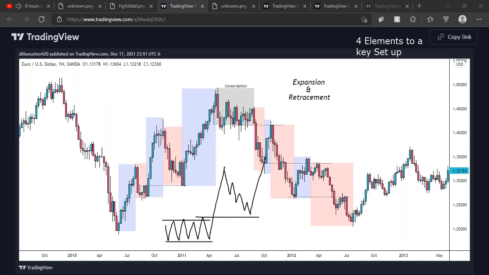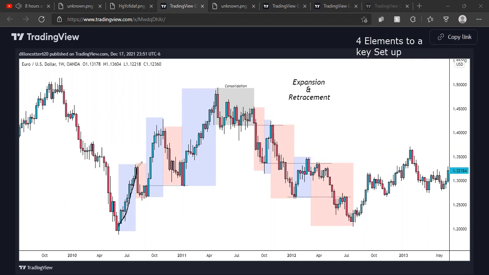right? Before another expansion. So your buying would be after or during, I guess, the retracement phase back into your demand zone. And this was a buy example here.